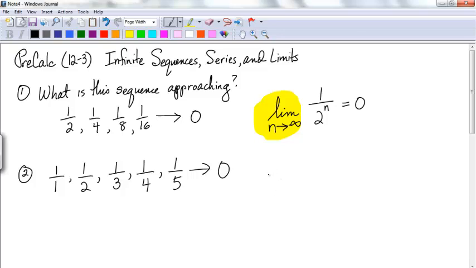You can write this one as the limit of 1/n as n, and that's a little arrow to the right, approaches, and that's the infinity symbol. So when you start substituting in, you always start with 1. So you put 1/1, 1/2, 1/3, and it's approaching 0 as a limit.